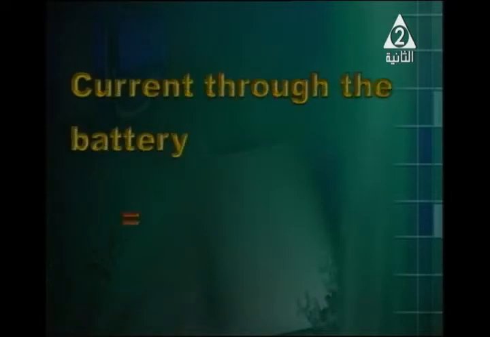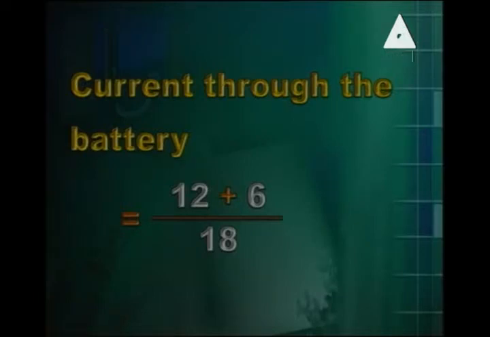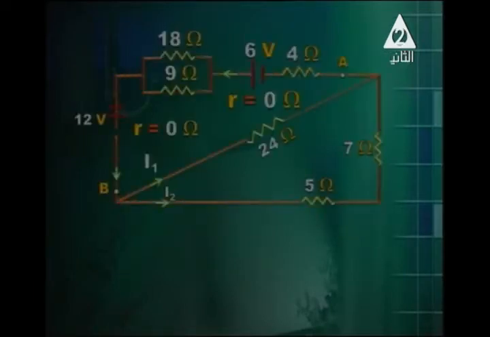Current through the battery: your attention, the EMF of the two cells are added together because they've got the same direction. 12 plus 6 over 18, 18 over 18, it is 1 ampere. So the total current is equal to 1 ampere.